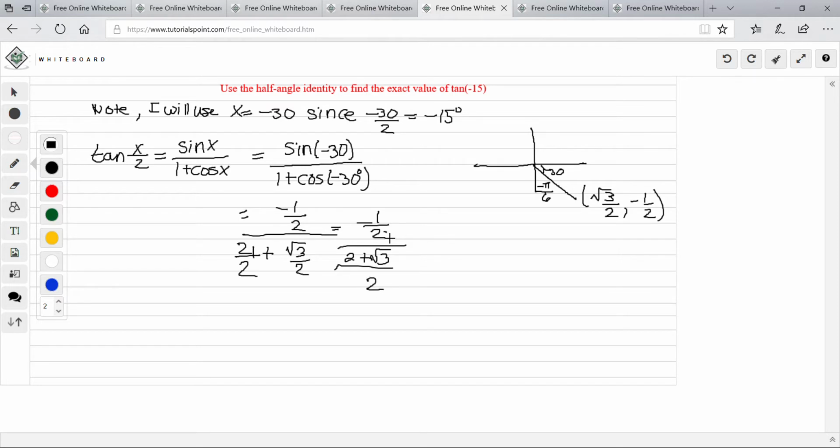These 2's cancel. So on the top, you're left with negative 1, and in the denominator, you're left with 2 plus root 3. Let's rationalize the denominator by multiplying by the conjugate of 2 plus root 3, which is 2 minus root 3.